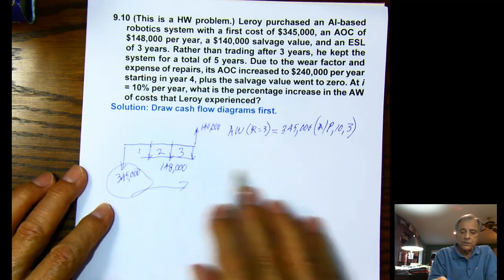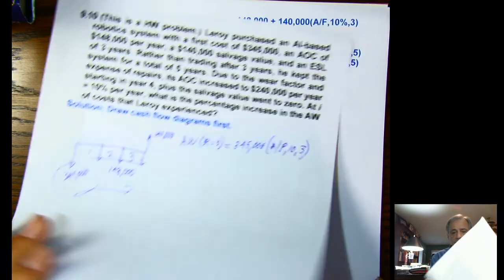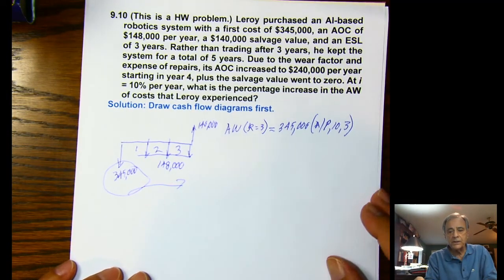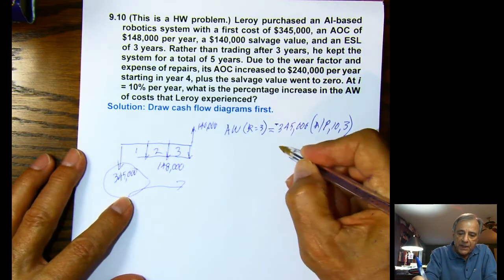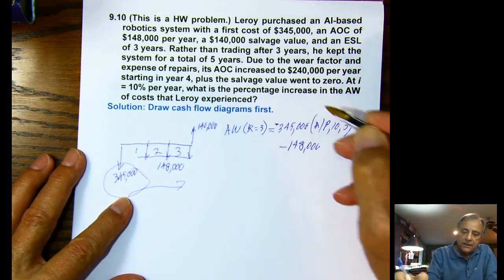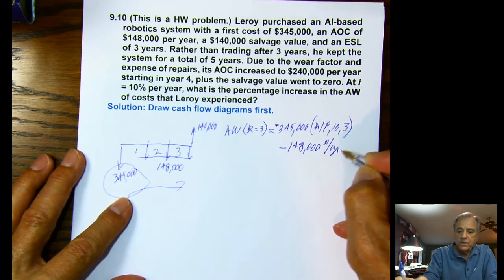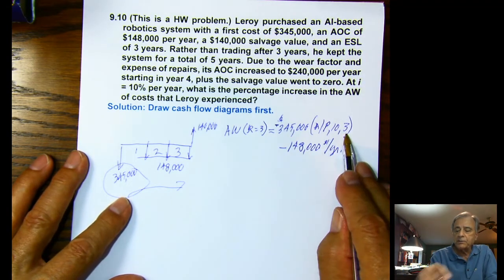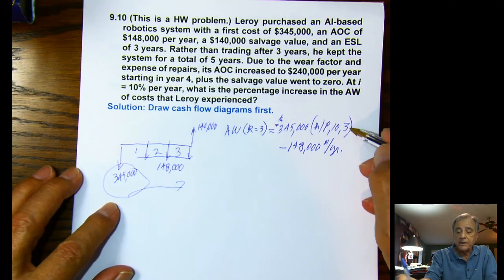This is a uniform series, and that's 148,000. And since all of these are costs, I'll just put a negative sign here. Then I have minus 148. That is a uniform series. That's dollars per year. Now this is dollars here, but once we multiply it times A given P, it spreads it over the 3 years. This is going to be dollars per year then also.